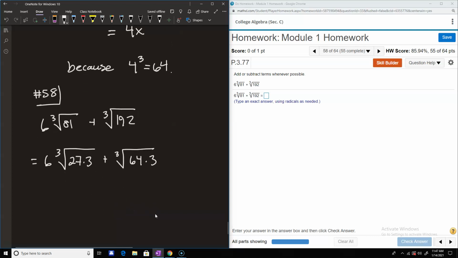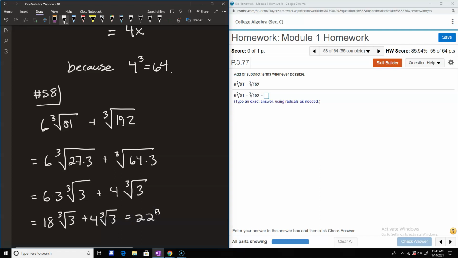And the cube root of 27 is just regular old 3, so we end up with 6 times 3, and then there's 1 3 left over inside the cube root. The cube root of 64 is 4, so we just have 4, and then 1 cube root of 3 left on the inside. So we have 18 cube root of 3 plus 4 cube root of 3, which leaves us with 22 cube root 3. And that would be our final answer.